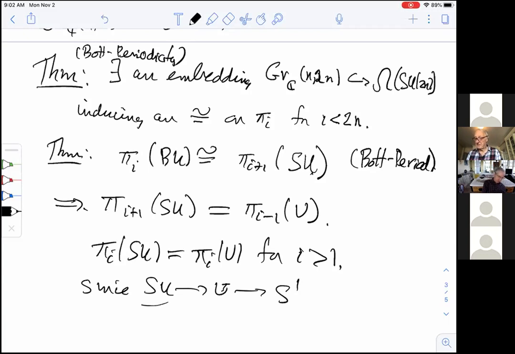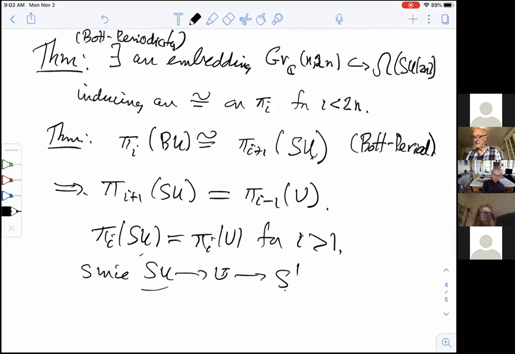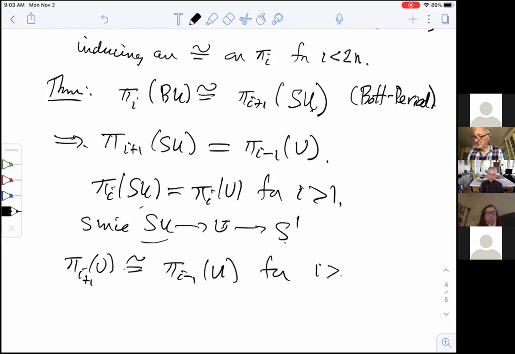SU is simply connected, and therefore this maps an isomorphism on pi 1, and all the other homotopy groups of U are the same as SU. So putting these two together, pi i plus 1 of U is isomorphic to pi i minus 1 of U for i greater than or equal to 0.